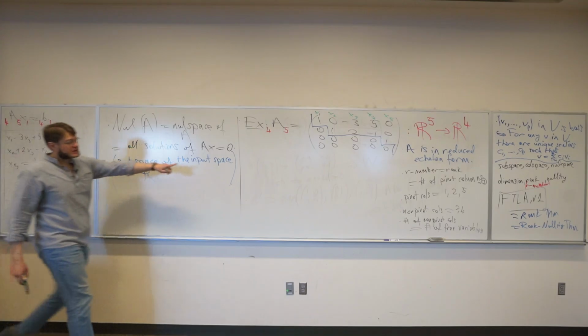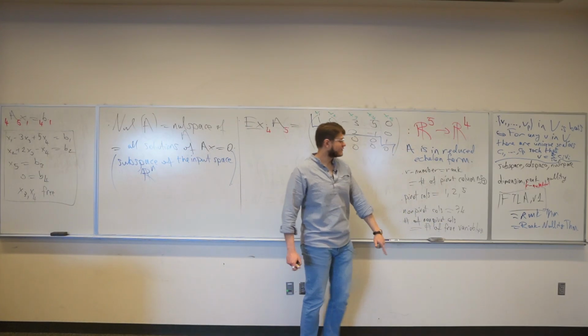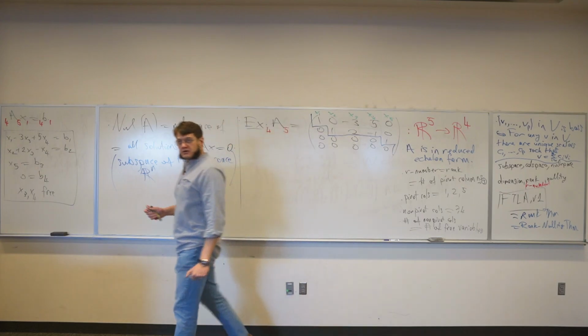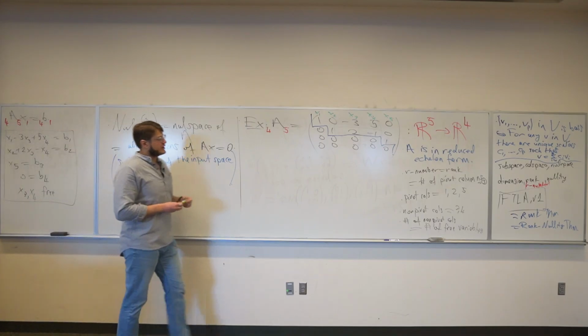So the number of non-pivot columns is the same thing as the number of free variables. These are just different ways of saying the same thing. Does this kind of make sense? All right. So this is as far as I can go for now.